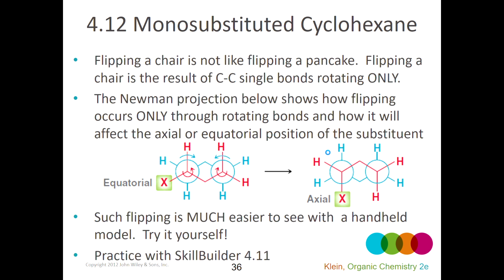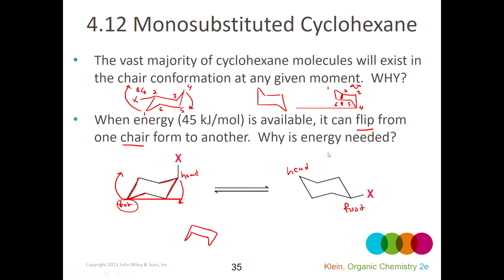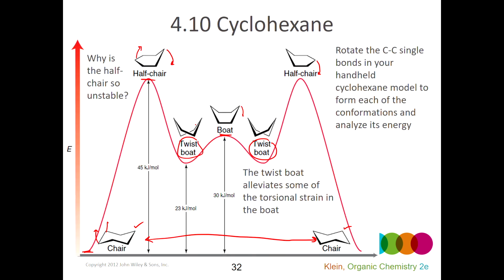Why does it matter whether a group's equatorial or axial? It matters because there's a difference in stability, which we'll see in a minute. So I need some energy to do this because temporarily it has to go through these unstable states to get from one flipped version of the chair to the other.